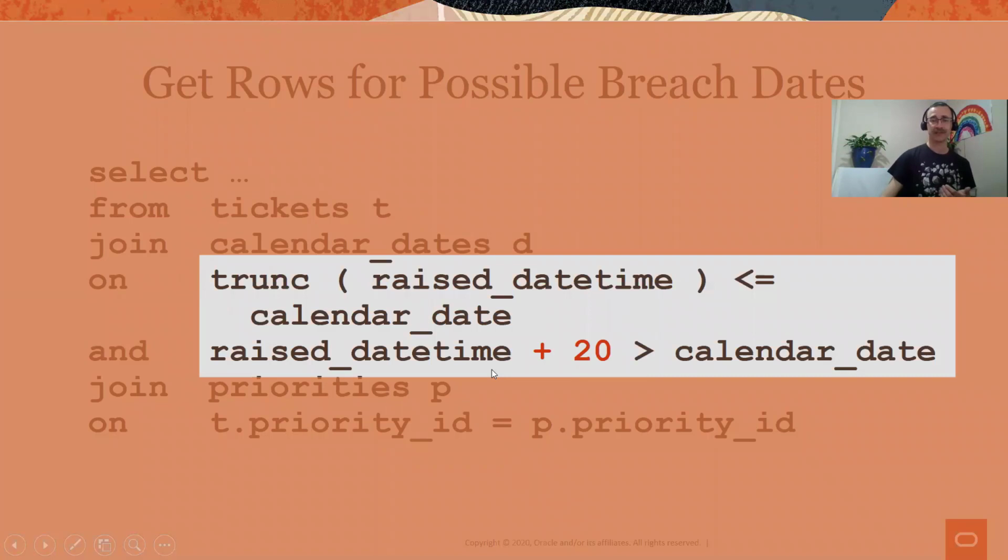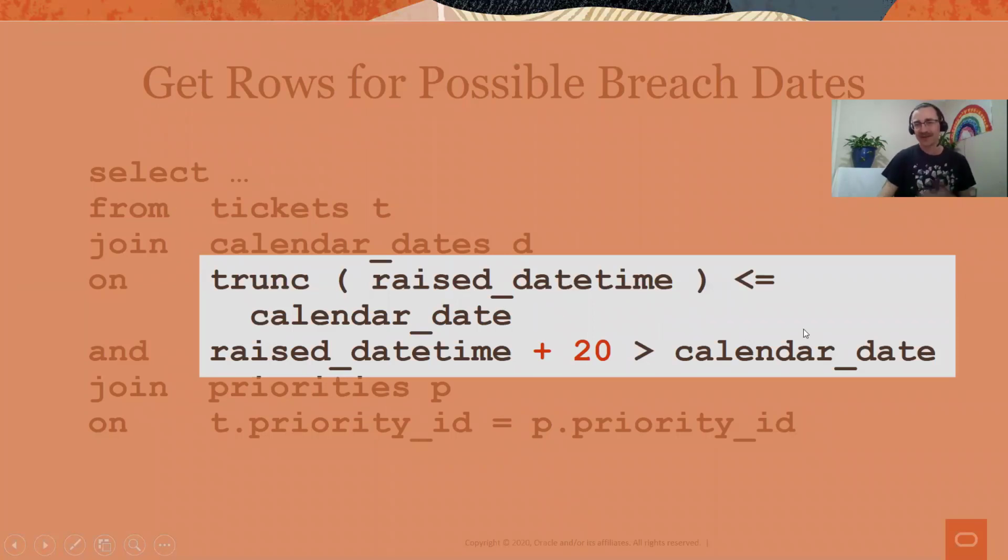So we've got this raised date time here. We want to set some upper bound, so we're not considering every date in the possible future forever. But equally, we don't want to set this value too low. We can't just add 5 working days here because we're saying only look at the next 5 days.